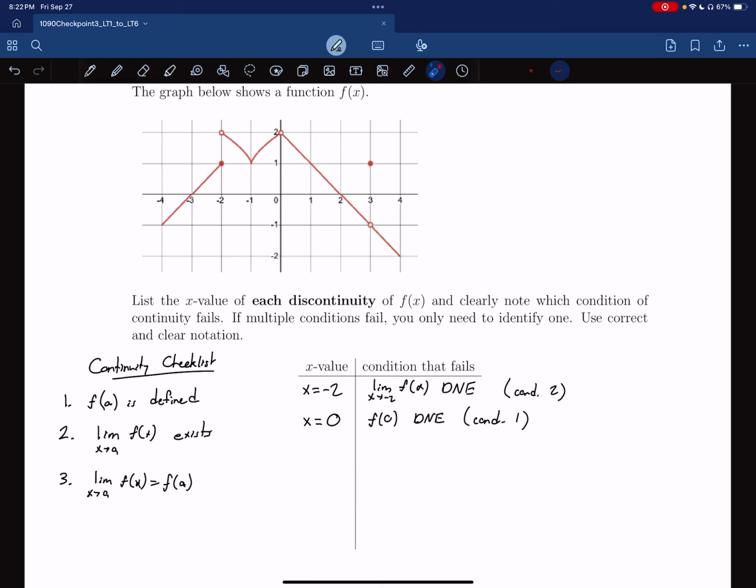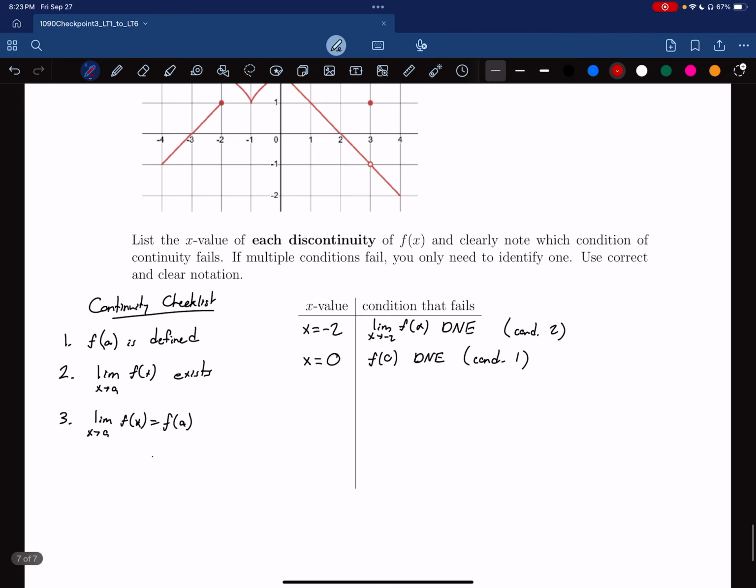These two are fine. Finally, does the limit as x approaches a of f of x equal f of a?